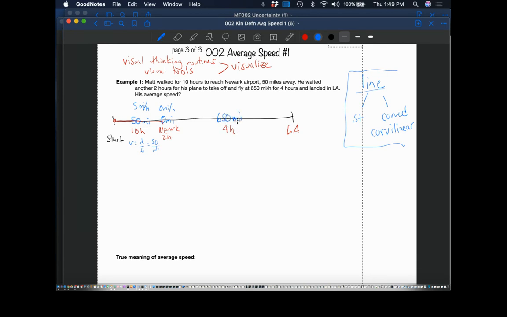So in understanding this, I have these three, and I'm missing the distance. Sorry, I wrote that in the wrong place. I'm missing the speed... no, I did that wrong again. It's 650 miles per hour.